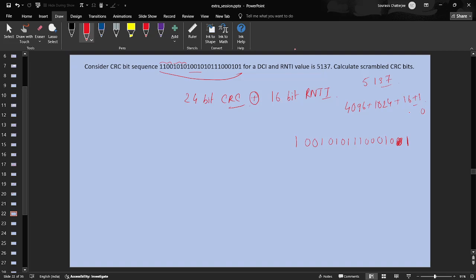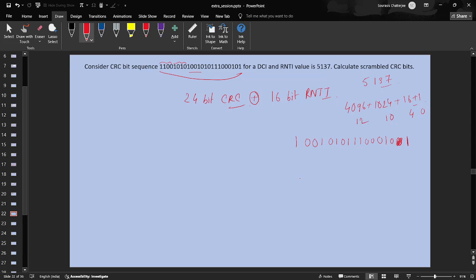So this is the zeroth position, this is the fourth position, this is the 10th position, and this one is the 12th position.